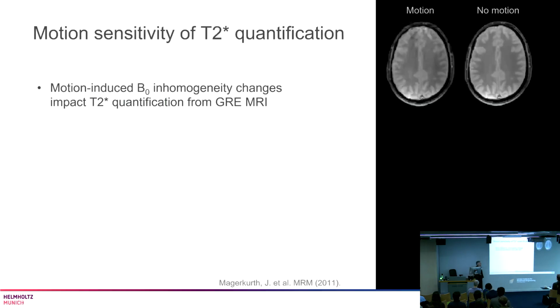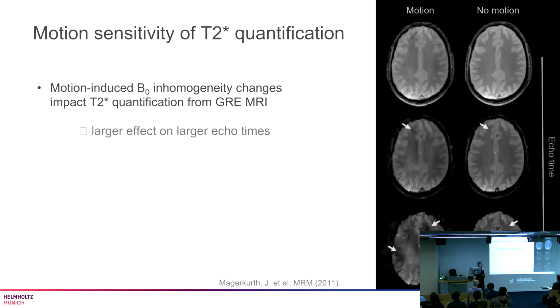If you look at T2 star quantification, you acquire a gradient echo MRI, and when you move or don't move, as you see here with a cooperative and then deliberately non-cooperative volunteer, everything's fine at the lower echo times, but as you increase the echo times, you see this signal drop happening, right? And then, of course, the T2 star quantification will suffer from that as well.